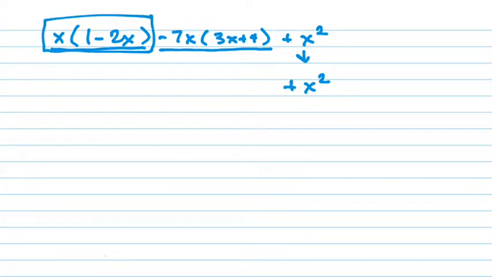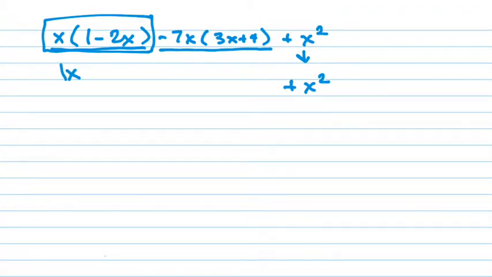Here we go. So first we'll start with the first bracket, 1 minus 2x. Can I do 1 minus 2x? Nope. Is there an exponent on the bracket? Nope. Is there a coefficient? Yes, it's an x. So positive times a positive is a positive, and x times 1 is 1x or x.